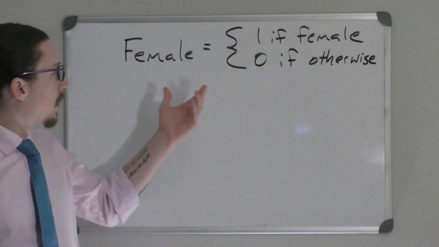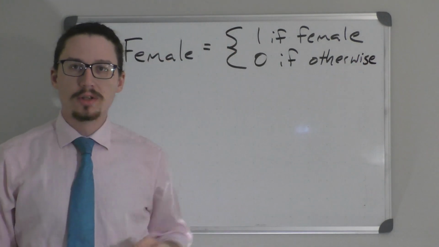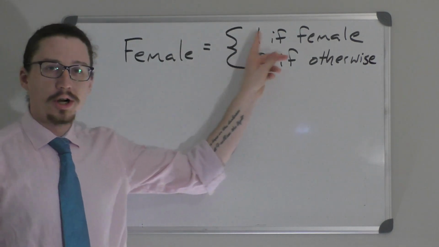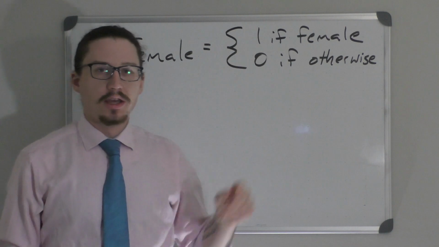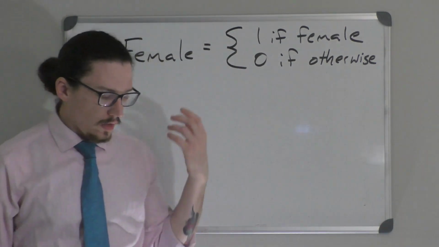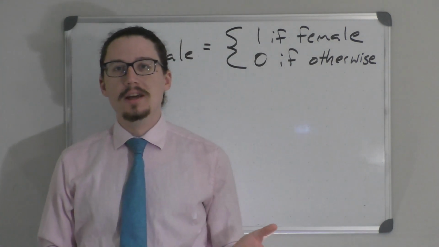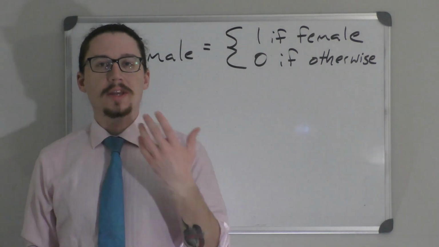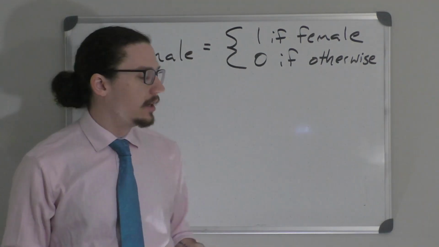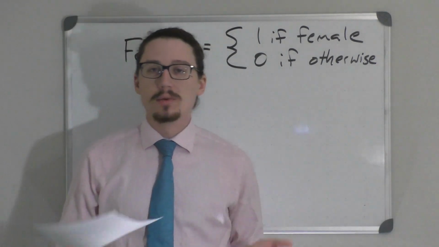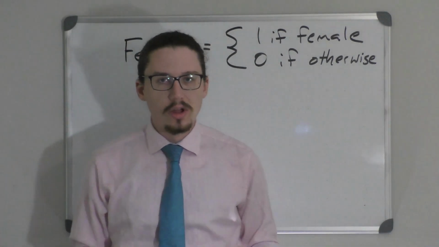The variable female is going to be coded as 1 if the individual is female and 0 otherwise. This will hopefully give us the effect on wages from an individual being female. It's really going to tell us the difference in wages based on sex in general.